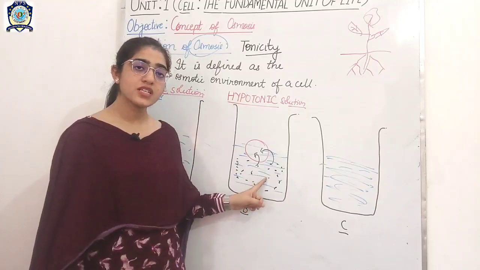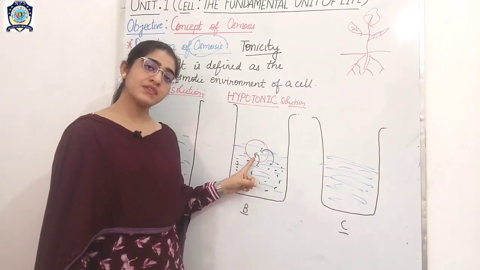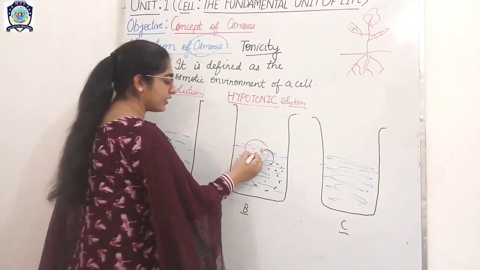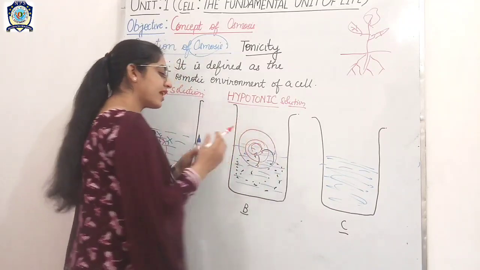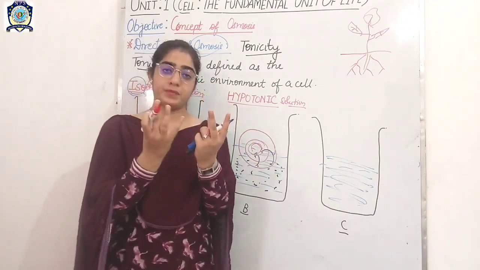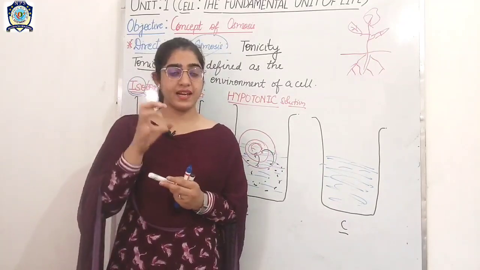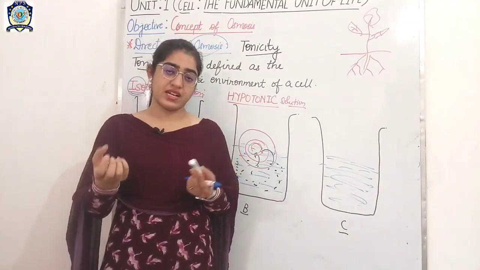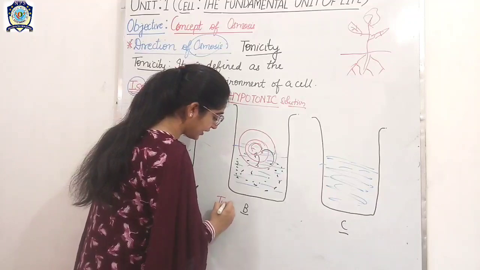So by osmosis, water moves from dilute to concentrated solution. So in that case, what will happen? Water will enter into the cell and the cell will swell up. And when the cell swells up, the cell becomes turgid in structure, and this is known as turgidity.